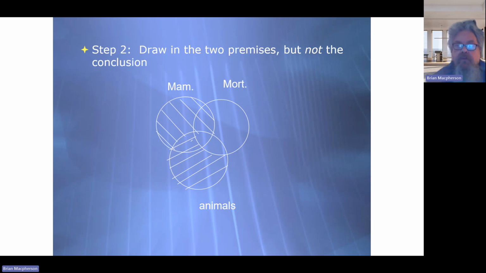The subject term that's distributed in the conclusion is also distributed in the premise in which it occurs. It doesn't have two negative premises. And finally, you have two universal premises and a universal conclusion. So the diagram shows it to be valid. You get the conclusion by drawing in the premises, and the rules show it to be valid.